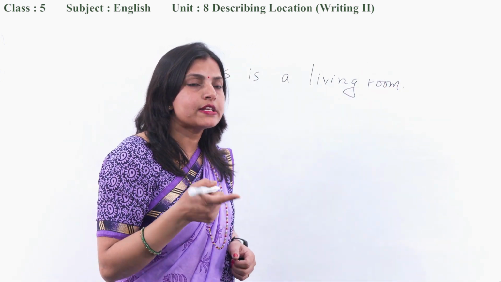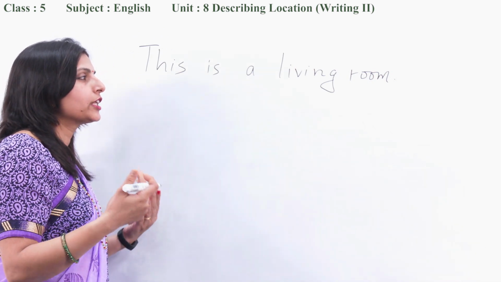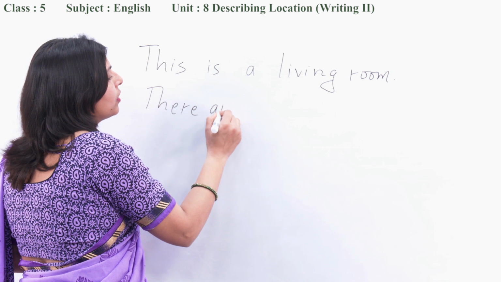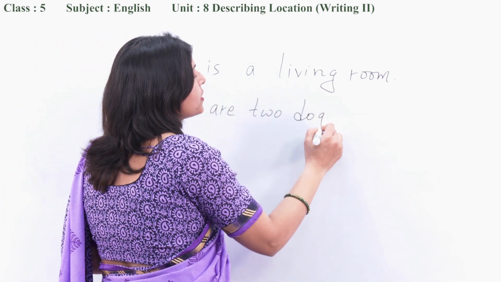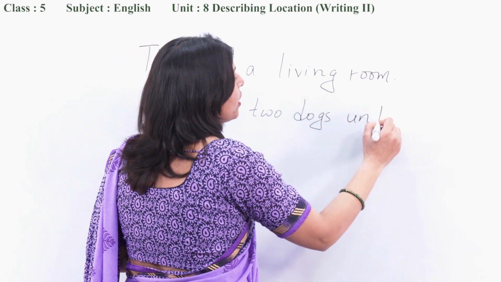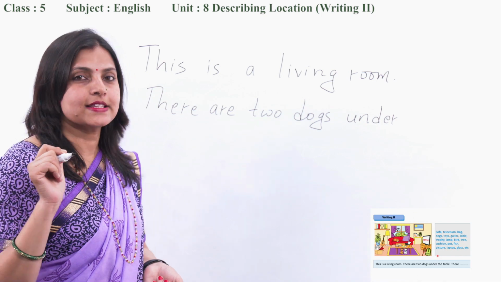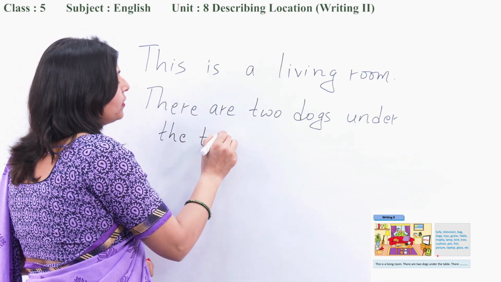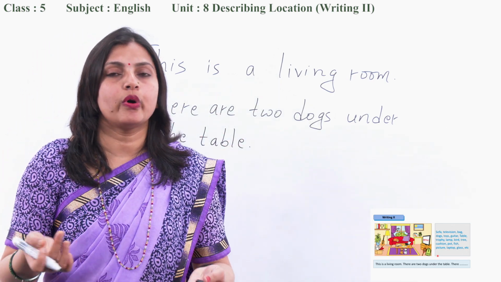Yes, it's already started there. This is a living room. Then now we should locate the things. First of all, there are two dogs under the, where are the dogs? Yes, the dogs are under the table. Okay, now you should go on writing.